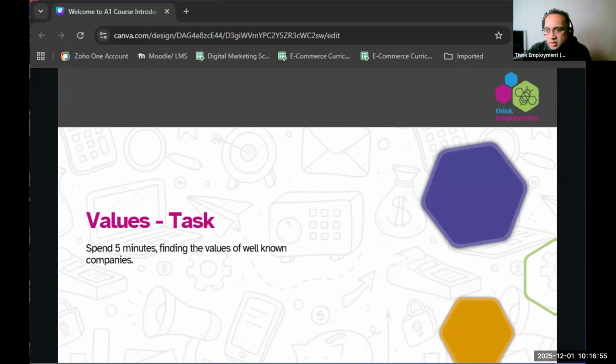Okay, let's see what else. We've got Yahoo. They're still around. Innovation, work-life balance for employees. User focused. John Lewis values: quality, sustainability, customer experience.